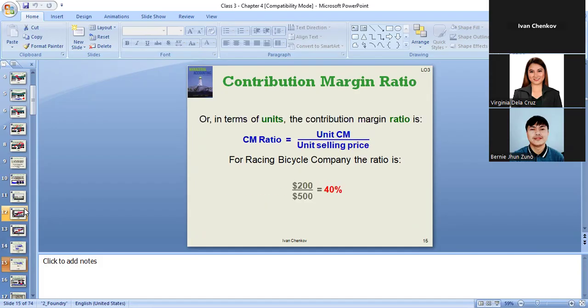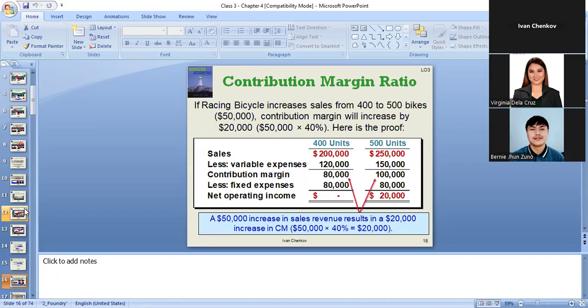Can we get the contribution margin ratio per unit? Yes. The contribution margin for one unit divided by the sales price per unit gives exactly the same number. Since the only thing we're changing is the number of units, both sales and variable cost go up in the same relationship, so the contribution margin ratio is never going to change.